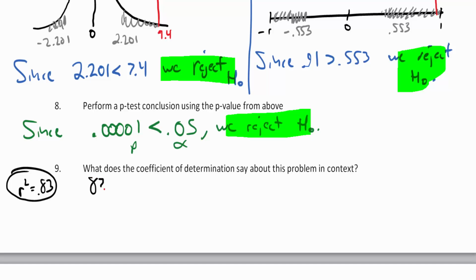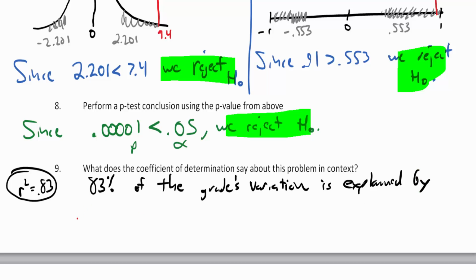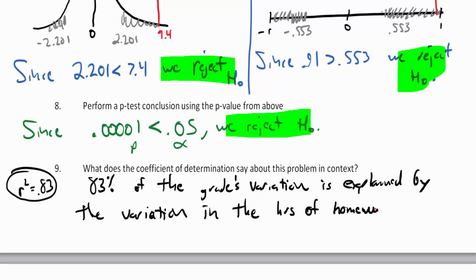Well, that means that 83%, and this goes back to some previous videos here, 83% of the grade's variation, and this is the y value here, 83% of the y's variation is explained by the variation in the hours of homework per week.